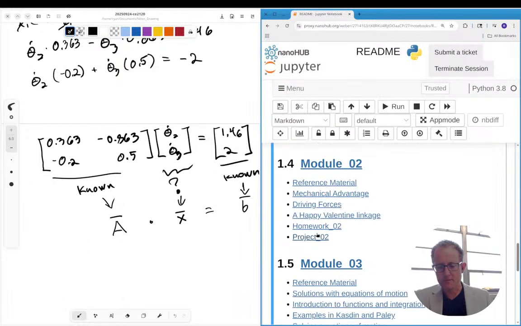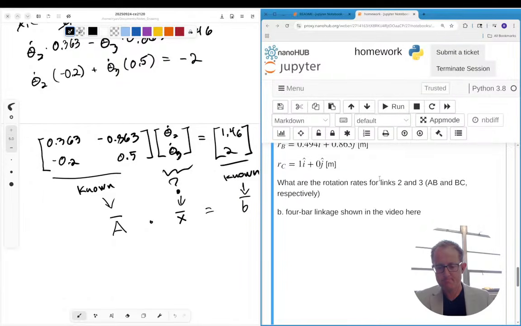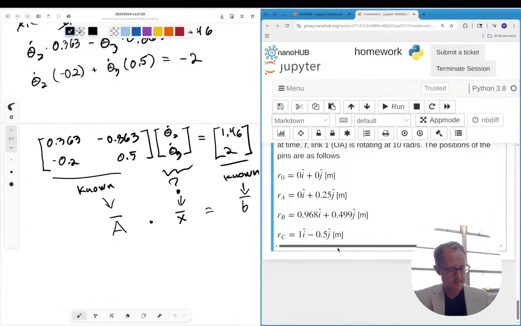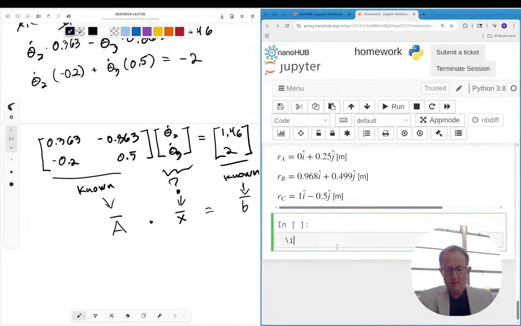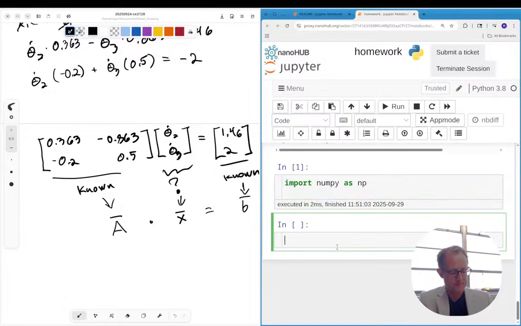Okay, cool. So I'll come down into the homework too. Just why not? And all we really need is NumPy at this point. So A is a NumPy array. It's going to have 2 rows, 2 columns, so 0.363, a negative 0.863, and then it'll have a negative 0.2 and a 0.5.